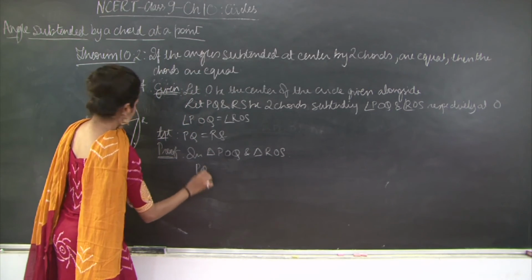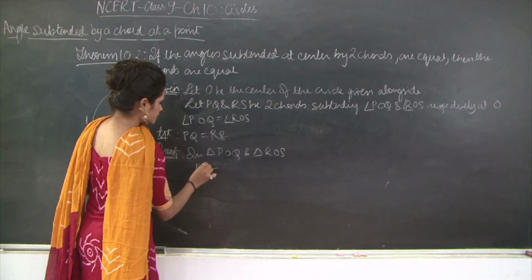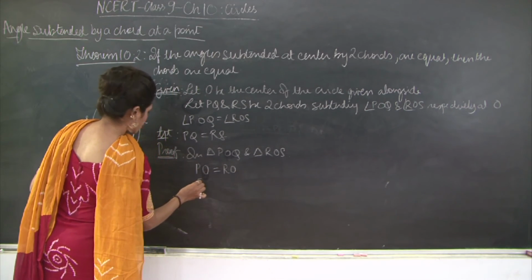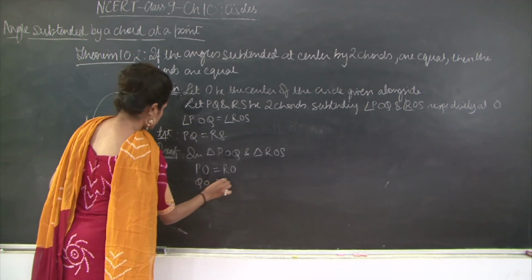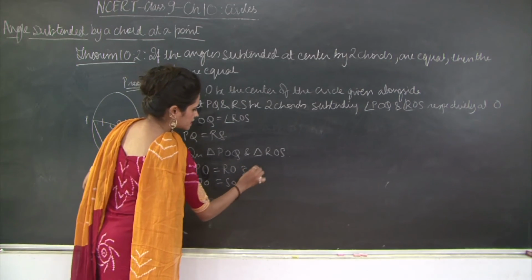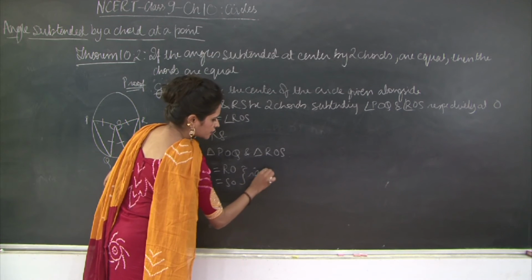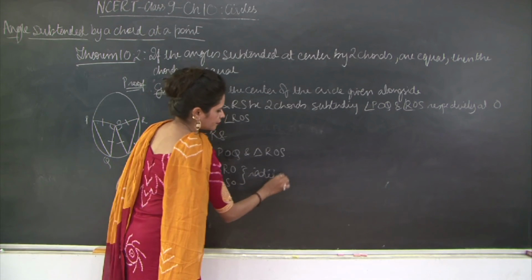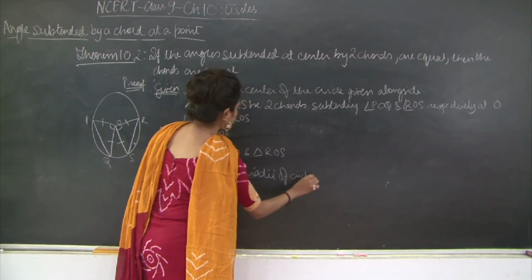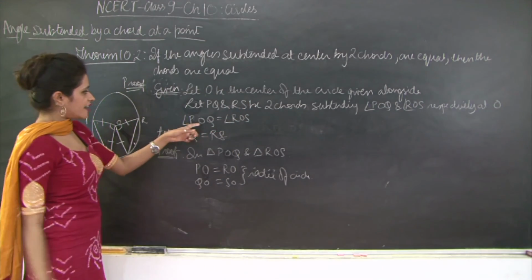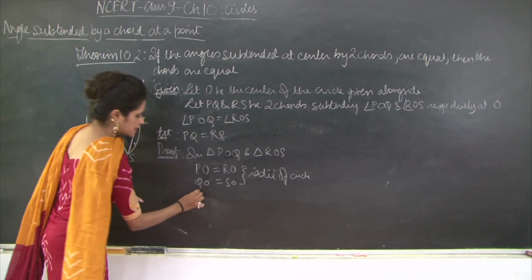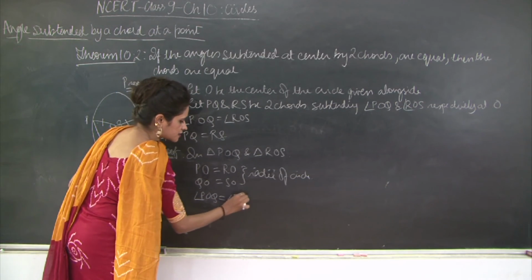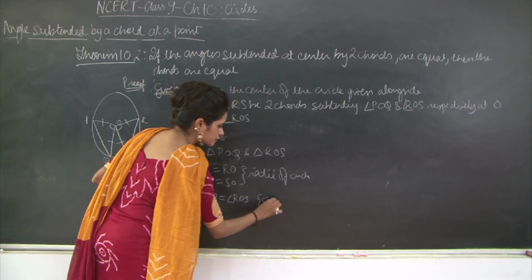Side PO is equal to RO, side QO is equal to side SO. Why? Because they are the radii of my circle. And from here, what do I get? I have angle POQ is equal to angle ROS. This is given.